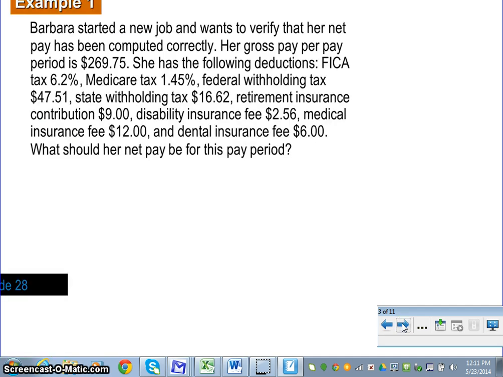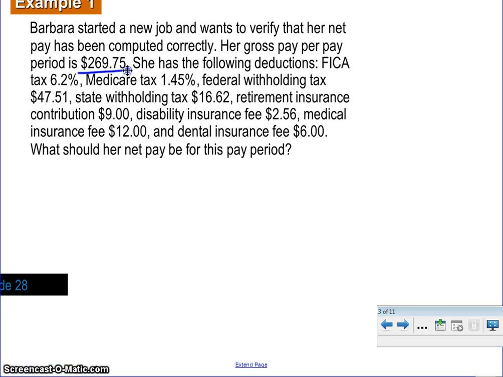For example 1, it says Barbara started a new job and she wants to verify that her net pay has been computed correctly. Her gross pay per pay period is $269.75. She has the following deductions: FICA at 6.2%, Medicare at 1.45%.